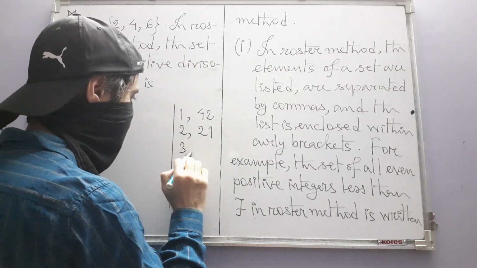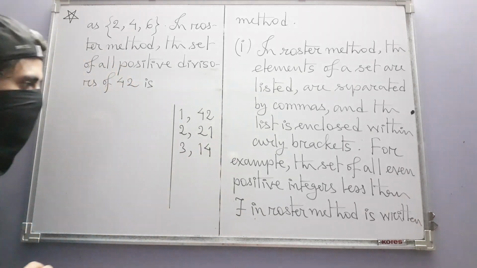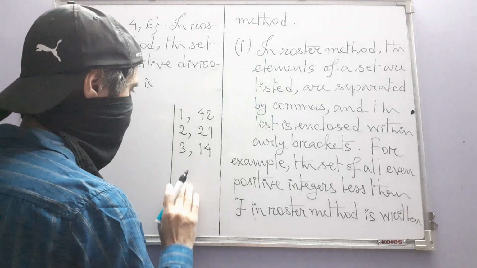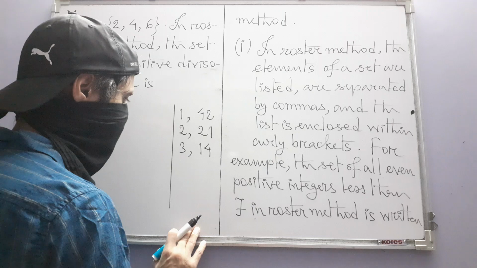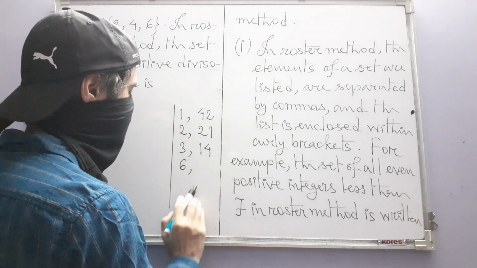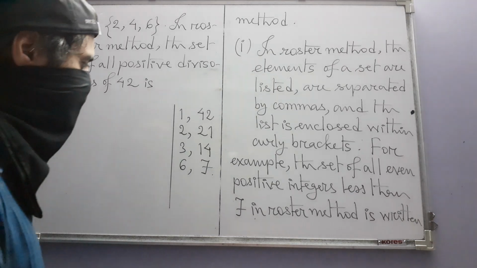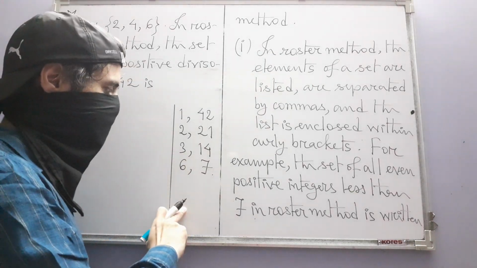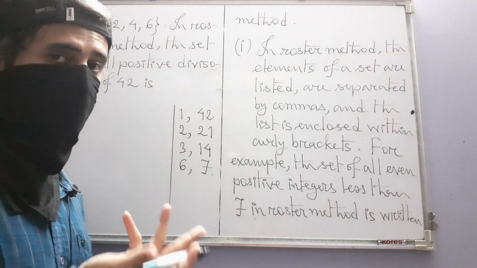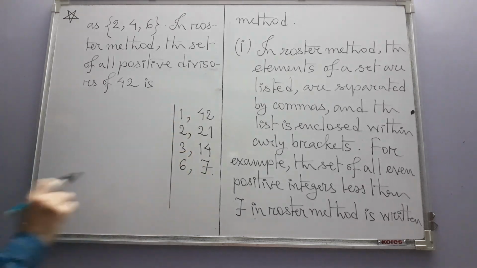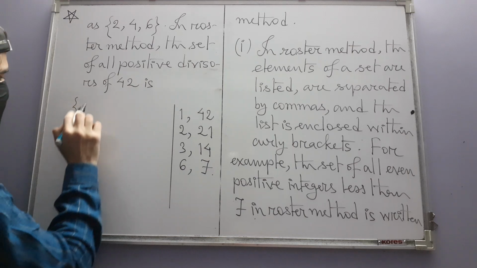What can be the next one? 3 also divides 42. Dividing 42 by 3, you get 14. 4, does 4 divide 42? No. 5 of course also does not divide 42. 6 divides 42. And when you divide 42 by 6, you get 7. And then if you want to continue, you get 7. And actually, the other divisors you have already got. That's how you can quickly find all the divisors. Now the set is this.